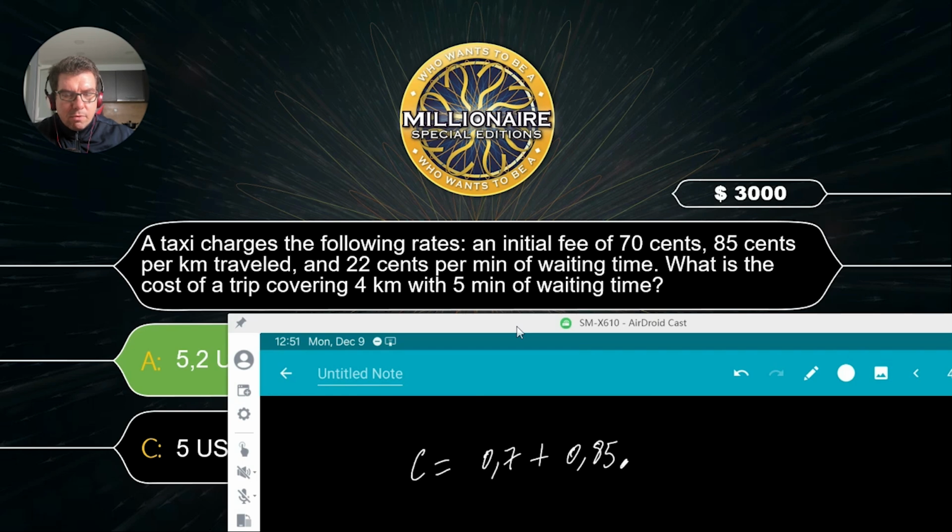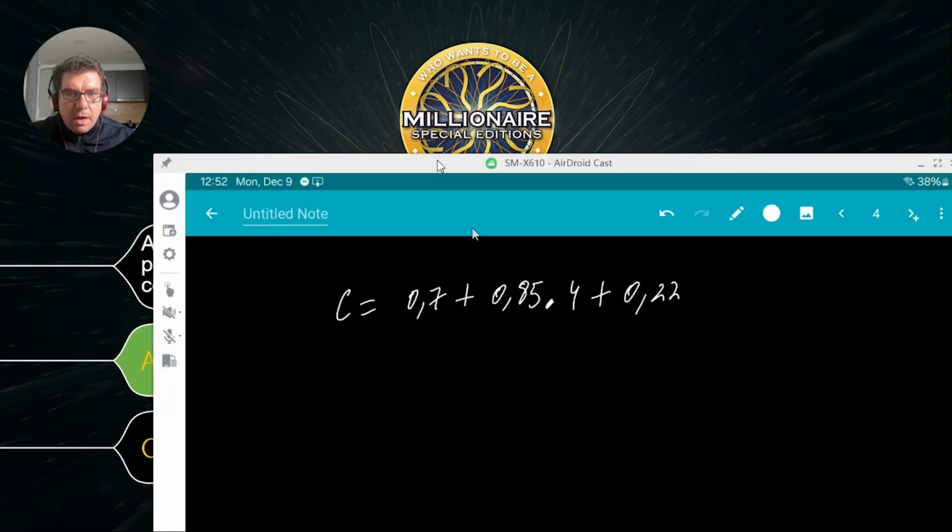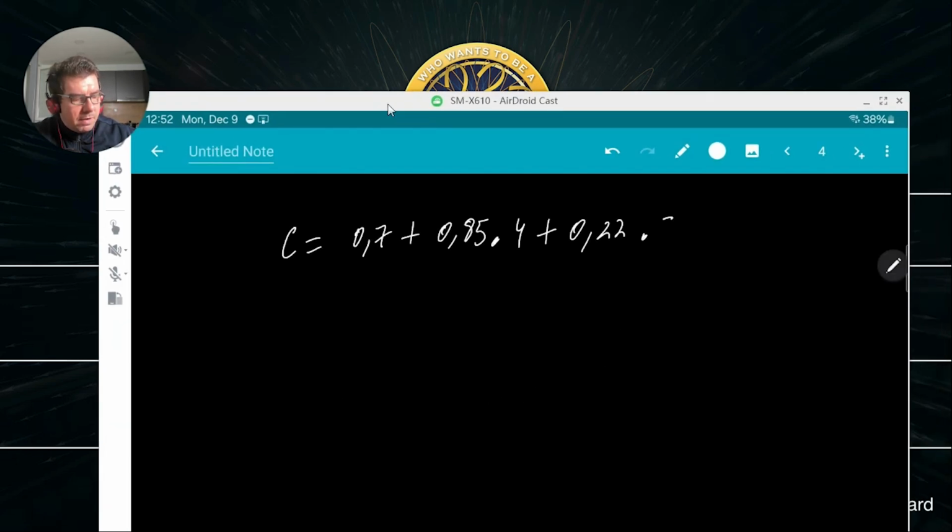So we traveled for 4 kilometers, so we multiply by 4, and we add 22 cents, which is $0.22 per minute of waiting time, and the taxi had waited us for 5 minutes, so we have to multiply by 5 here.